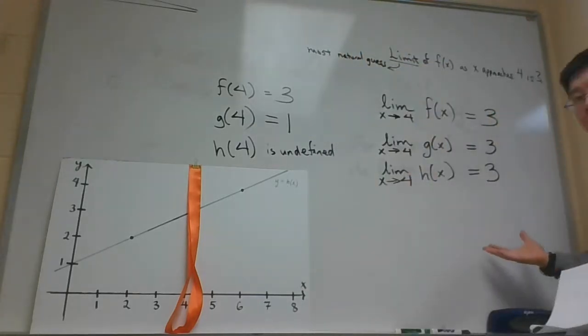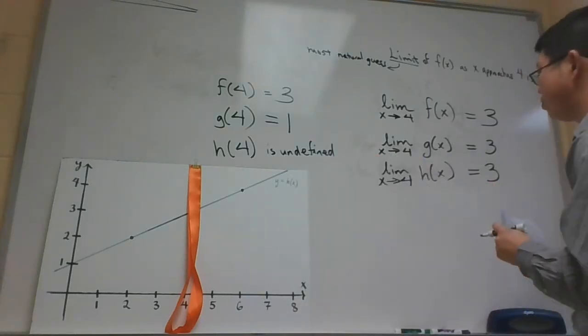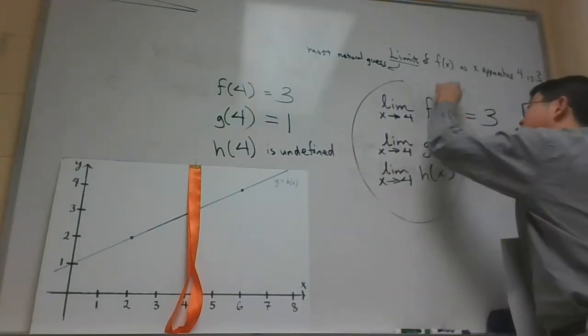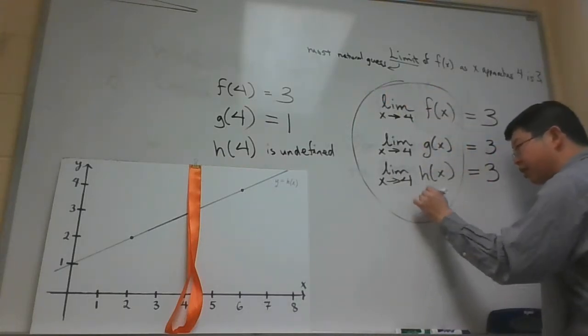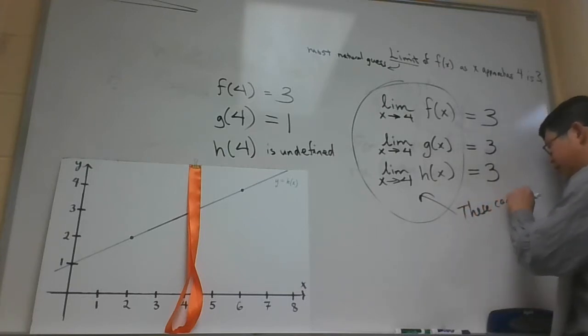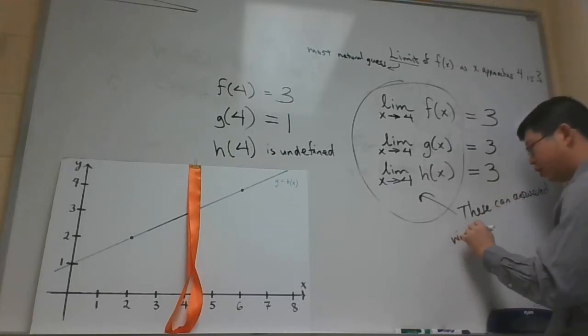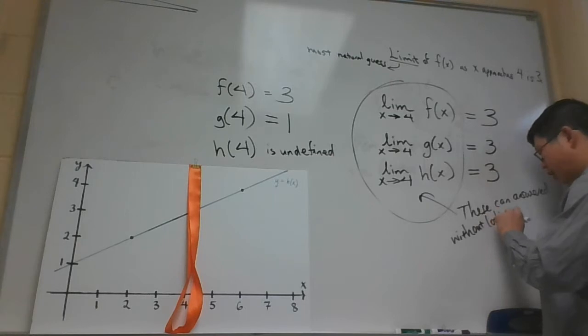And the key point I want to make, and the reason I made these posters with the ribbons, is that these 3 questions, and here are their answers, can be answered without looking behind the ribbon.